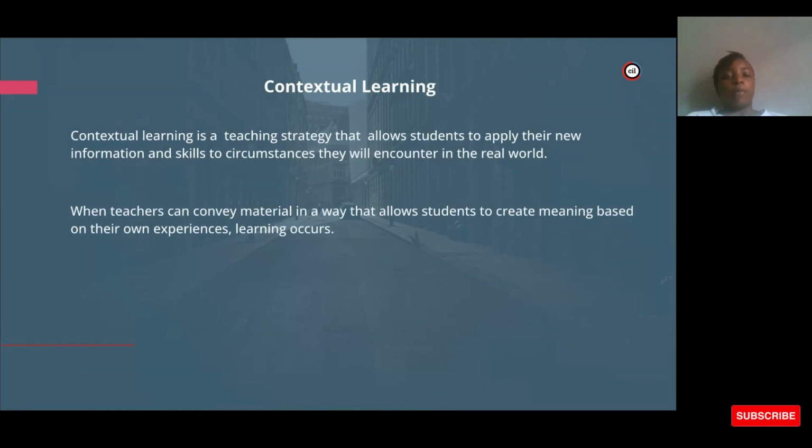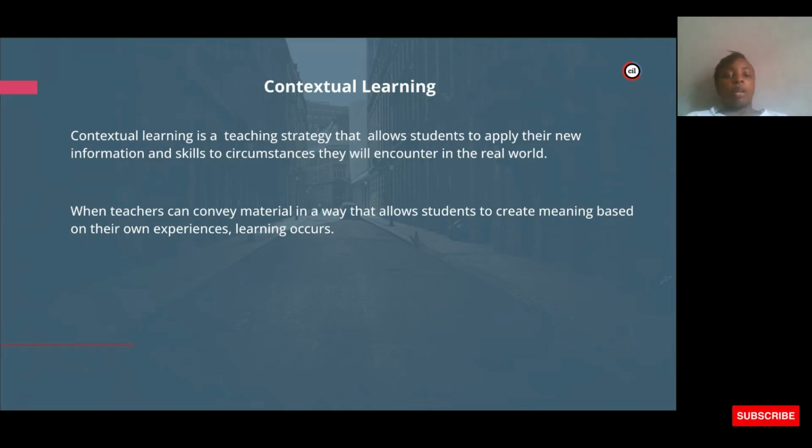As you can see on our slides, contextual learning is a teaching strategy that allows you as a student to apply the knowledge, the skills, the information that you've learned. You can relate it with your real life experience and with what you encounter in real life.